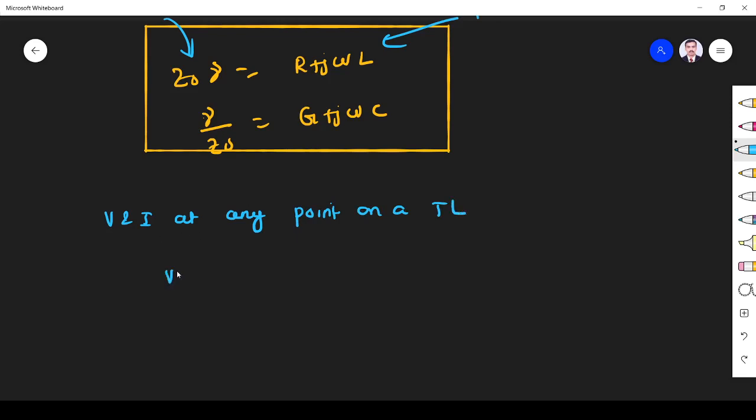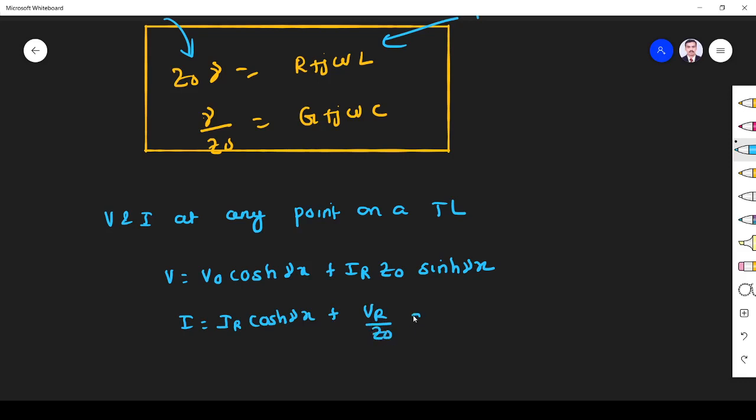That is given by V is equal to VR cosh gamma X plus IR Z naught sinh gamma X. Similarly, I is equal to IR cosh gamma X plus VR by Z naught sinh gamma X. Fine.